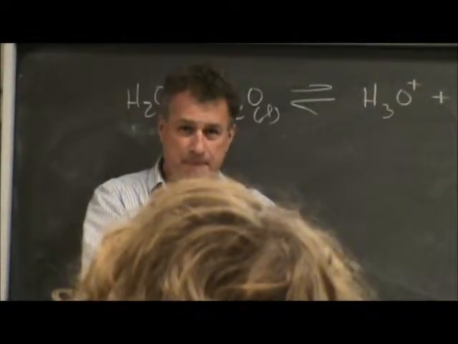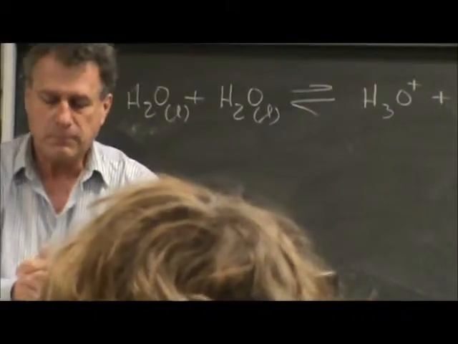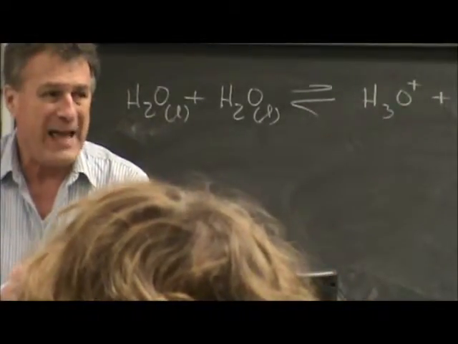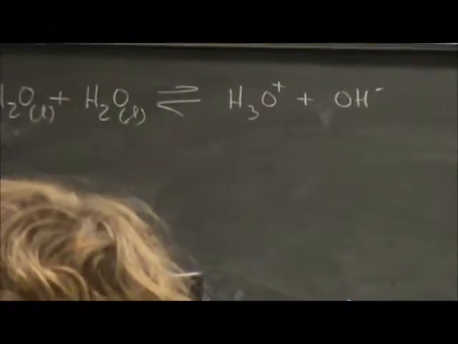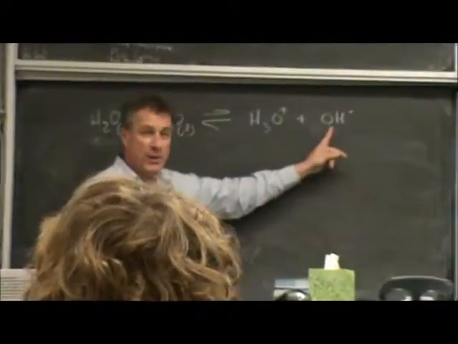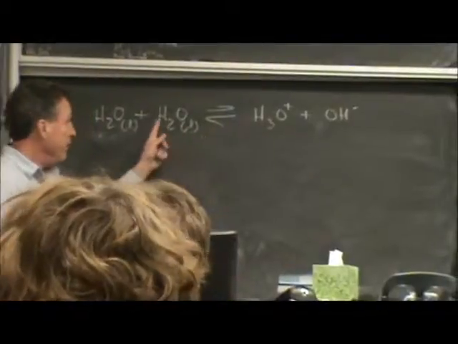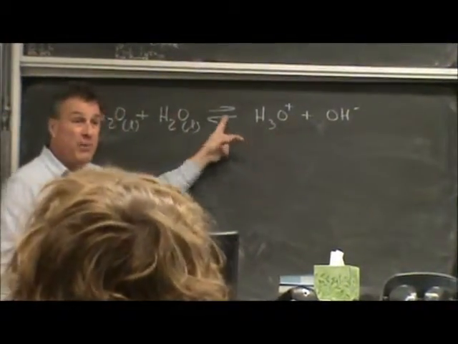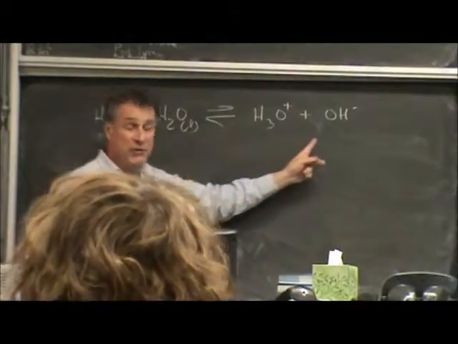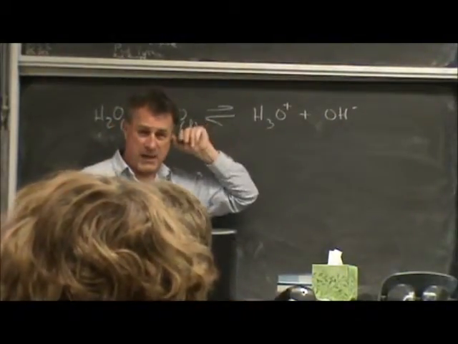Now, pure water has a very, very small amount of hydronium and hydroxides, and we end up with an equal amount of each, because for every water that gains a hydrogen ion and becomes a hydronium, we have a water that loses a hydrogen ion and becomes a hydroxide ion, right?